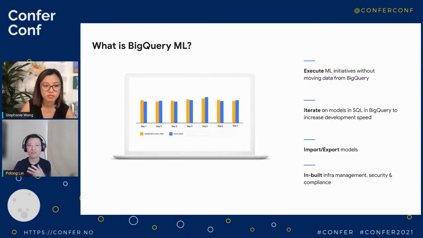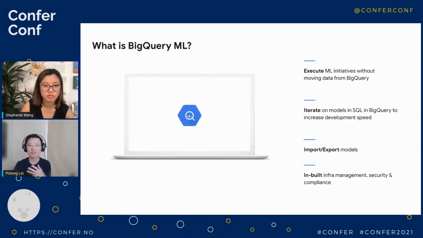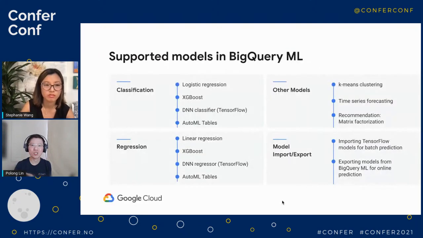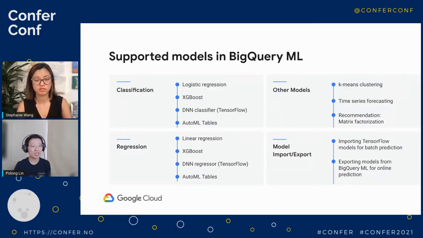We want to walk you through this today, but just to give you a little more sense of what BigQuery ML is, in the next slide we have an overview of the kinds of models that are supported. Depending on the use case, you may consider classification to predict something, or regression to predict a continuous or quantitative variable.